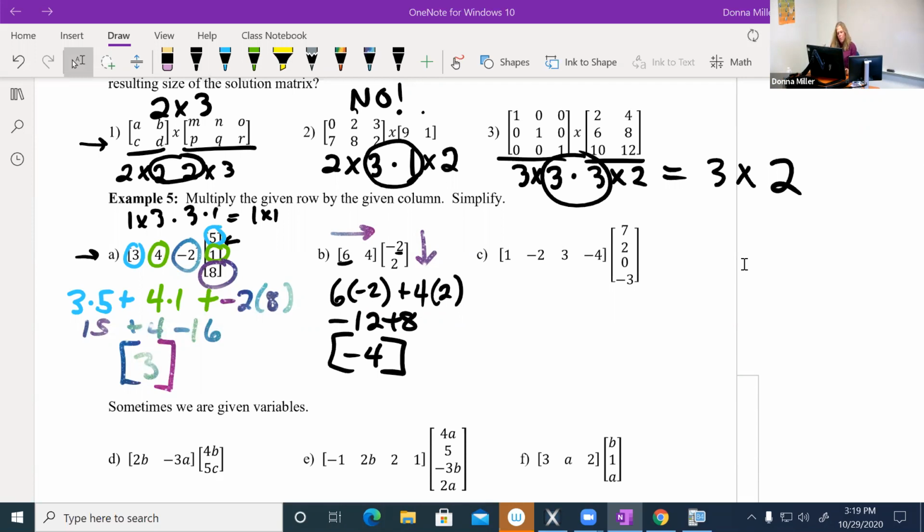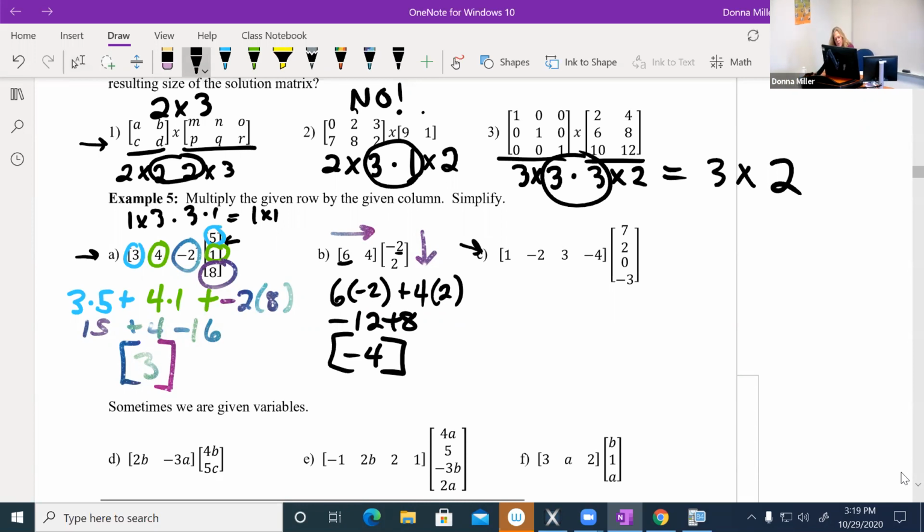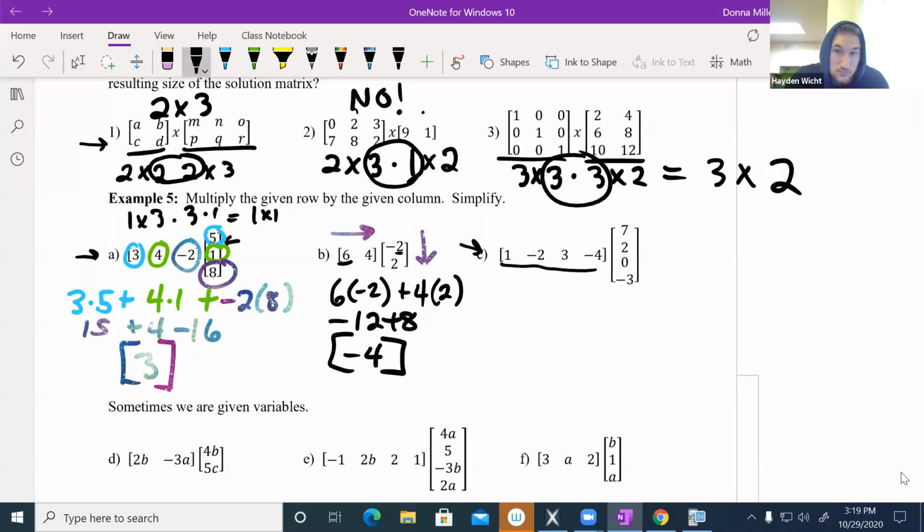Okay, so one more of these simple ones, and then we're going to talk about some other things. All right, so what's the dimensions of C here? What's the dimensions of this matrix? 1 by 4, and we're multiplying by a 4 by 1. So we're still going to get a 1 by 1, right? So we just go across the row, down the column.